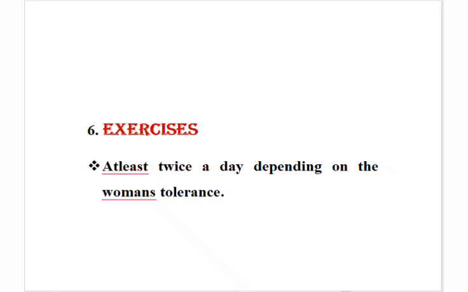If they are in a coma, when they recover, they should at least exercise twice. Why? Because exercise helps with the sensitivity of the cells to insulin. Cells become more and more sensitive to insulin as we exercise.